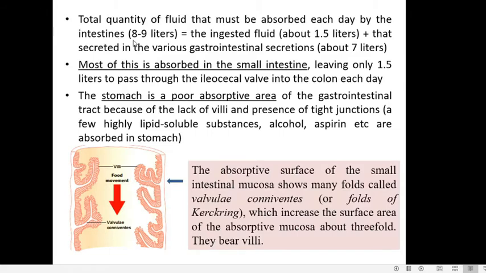After going through the various mechanisms of nutrient absorption, we will go to a concise picture of which places in the gastrointestinal tract are involved in absorption of nutrients. The total quantity of fluid, which includes the absorbable substances, amounts to about 8 to 9 liters per day.